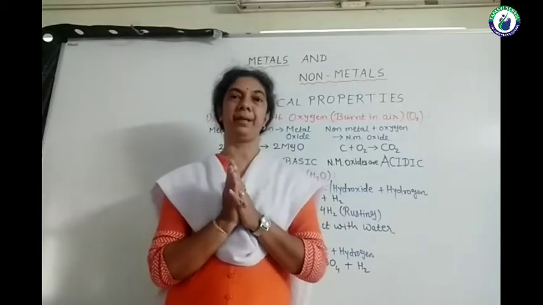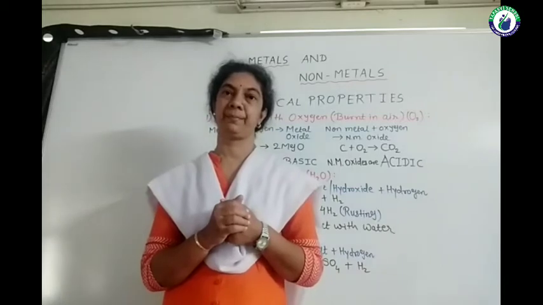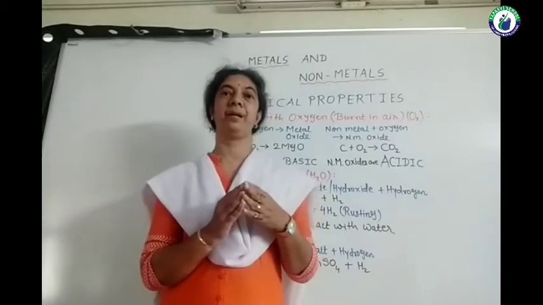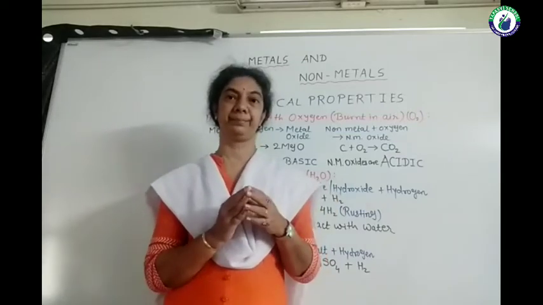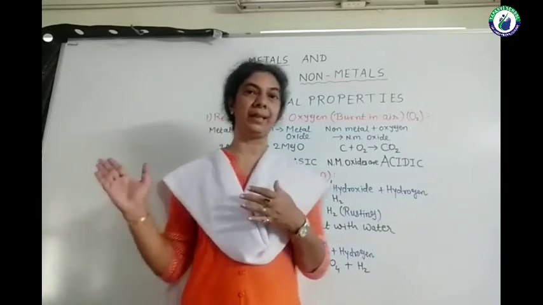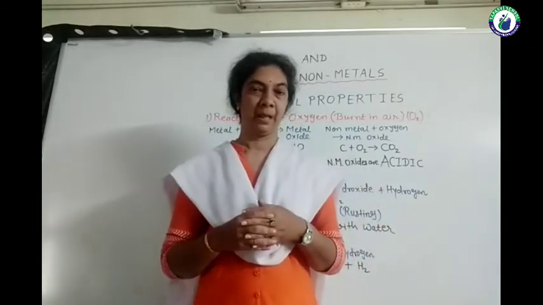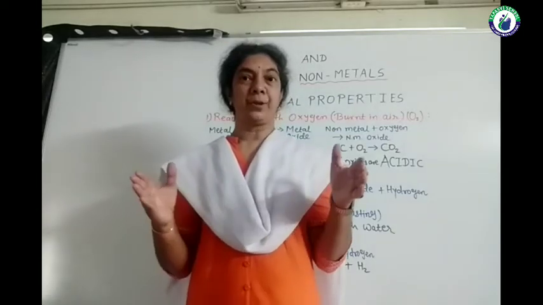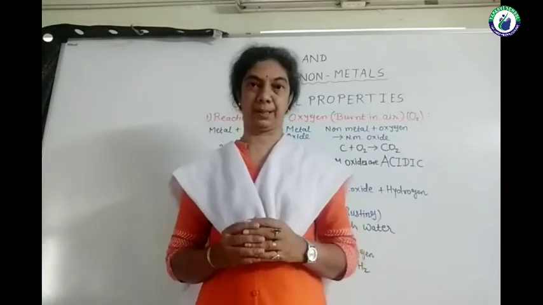Wherever we are having chlorine, then sulfate, carbonate, nitrate, and likewise, all these metals are giving reactions with different acids. So there are lots of types of salts, which are actually chemical compounds.